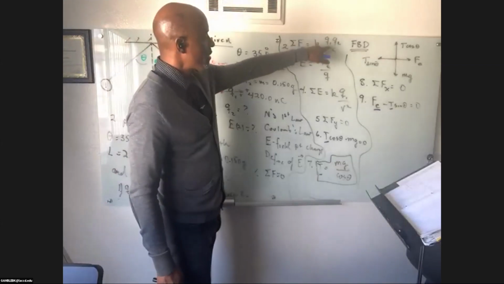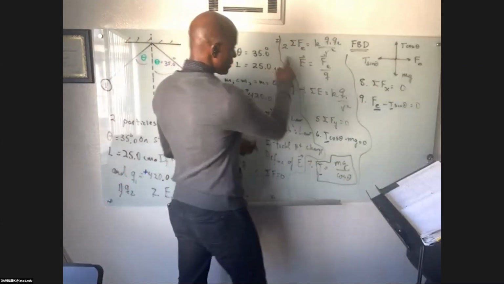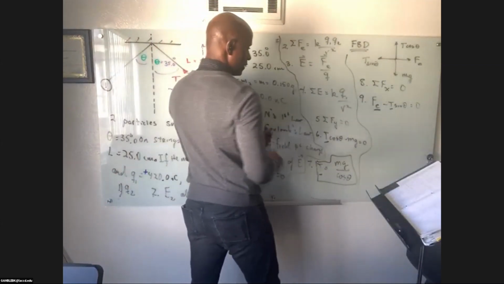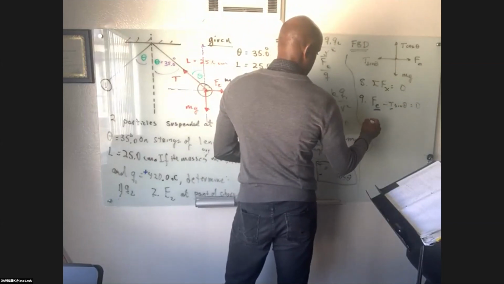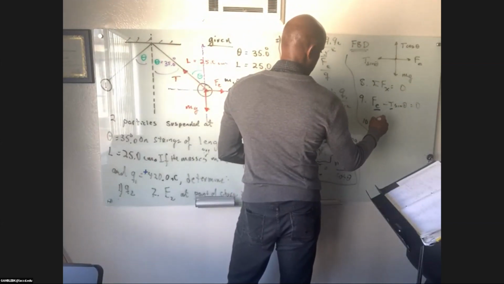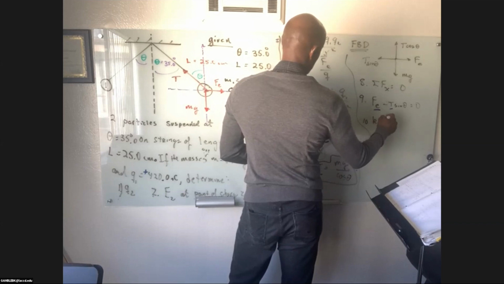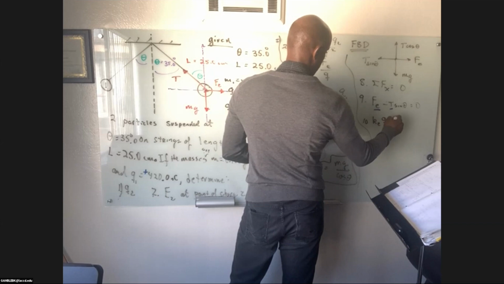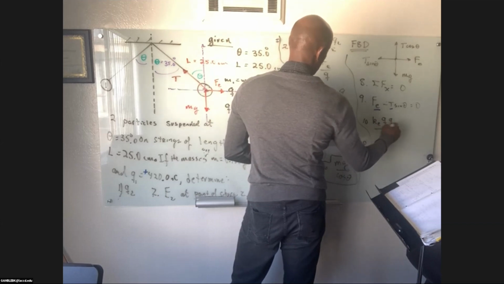And you realize that the Q is embedded inside that. So now I would substitute equation 2 into equation 9. And here I'm going to get that K to be Q1, Q2 over R squared.